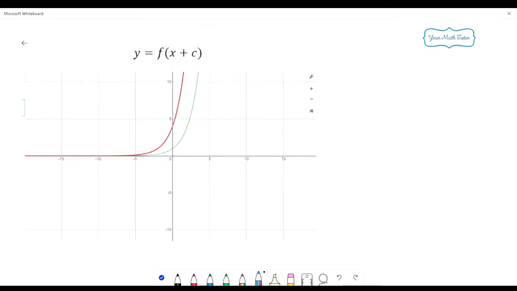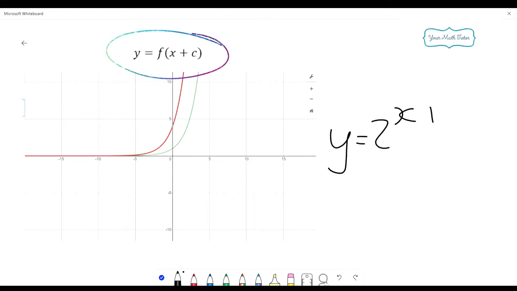Now we're going to look at the transformation y equals f of x plus c, which turns our graph into y equals 2 to the power of x plus 2. Now the 2 is added to the exponent, because we are adding to the x directly, not to the entire function. The effect of this transformation is that it shifts the graph 2 units to the left.